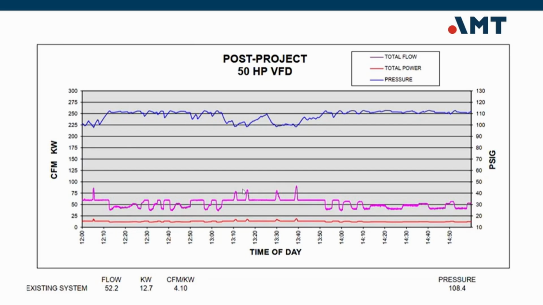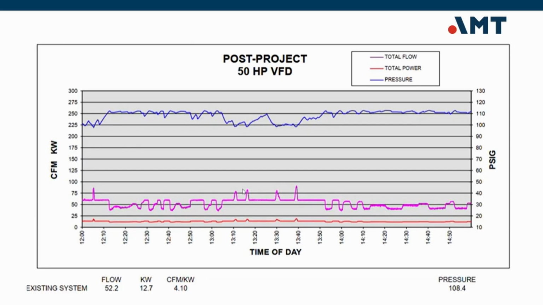This represents nearly a threefold improvement in how efficiently electrical energy is converted into compressed air. Just as important, the system is operating with less mechanical stress. Reduced cycling means fewer load-unload transitions, less wear on valves and contactors, and potentially longer equipment life.